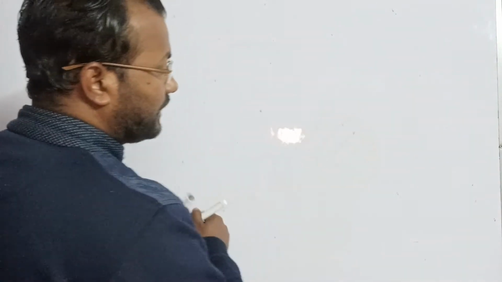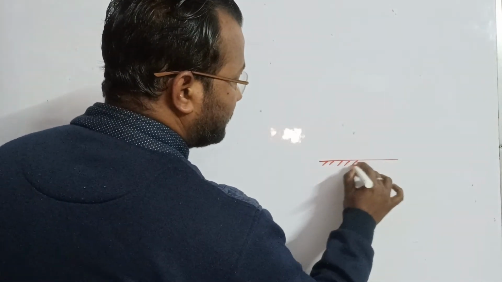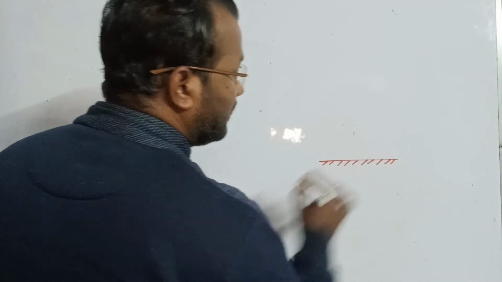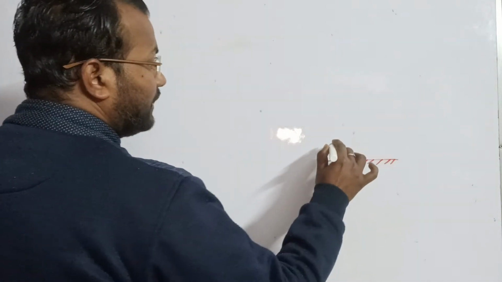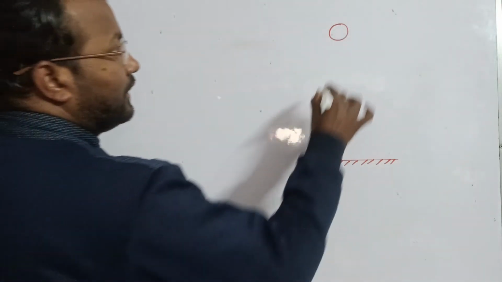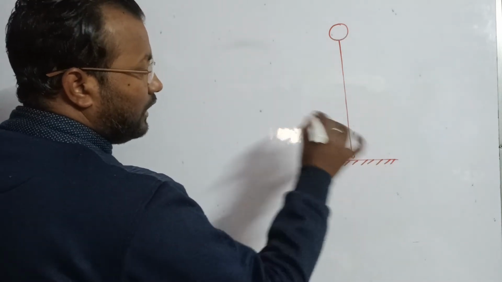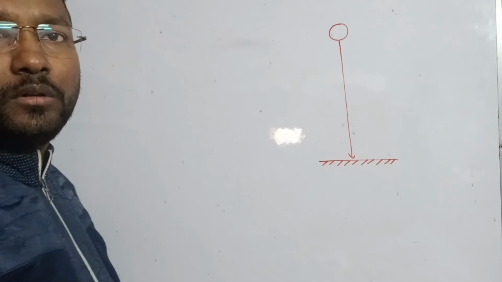So for that, first of all, we take an example, and suppose that example is a free falling body. This is the best example to explain the concept of the conservation of energy, in which our body is falling from a point, and now this body is falling towards the ground under the gravitational pull, right?